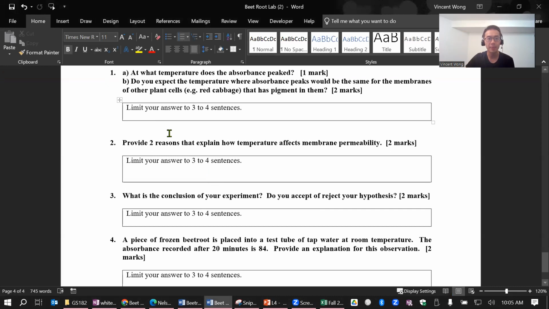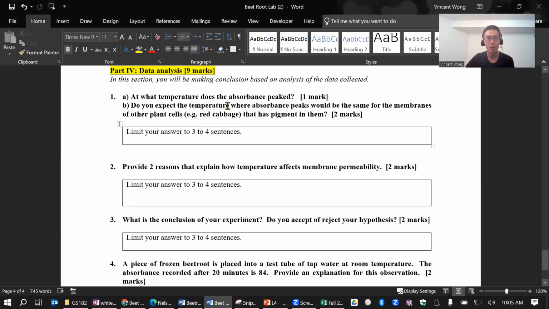Do you expect the temperature where absorbance peaks would be the same for membranes of other plants? So if we don't use beetroot, if we use another thing, like cabbage or something, and then you do the experiment, do you expect the peak to be at the same temperature? No. Okay, and then you will have to explain why. Don't just put no, and then because the beetroot has... Are you sure you want to discuss it now?